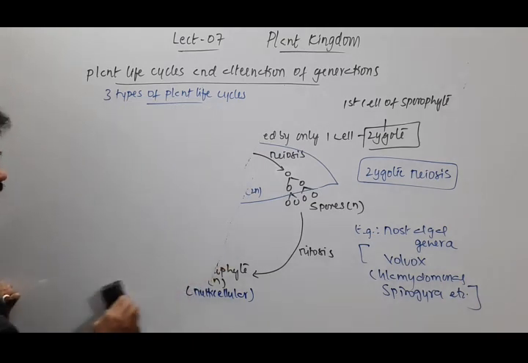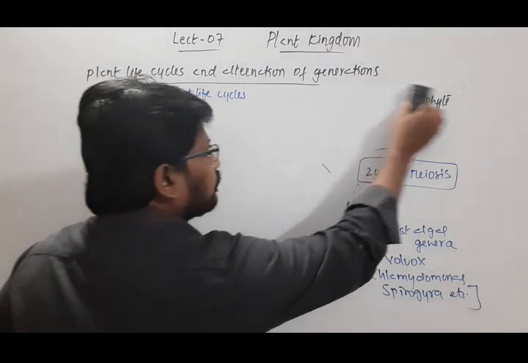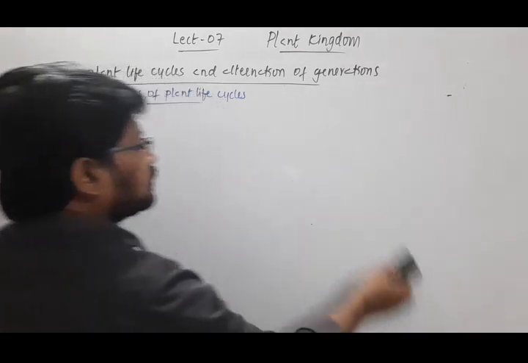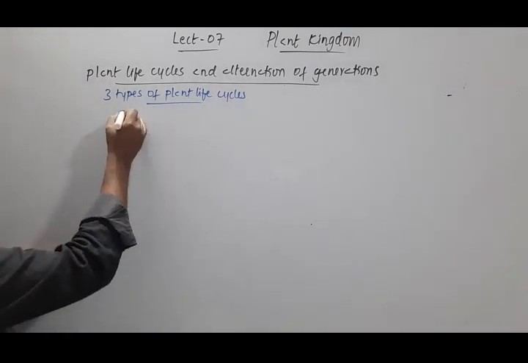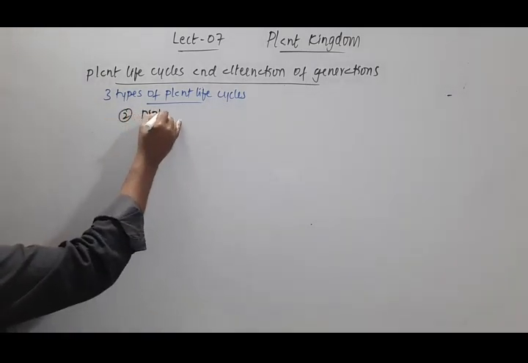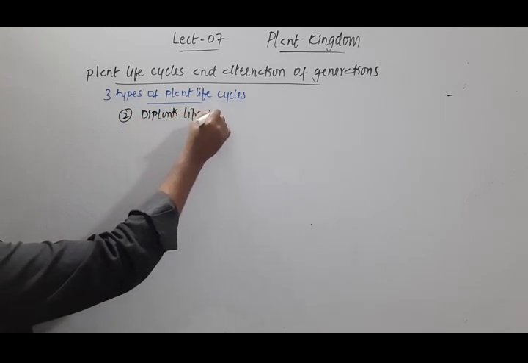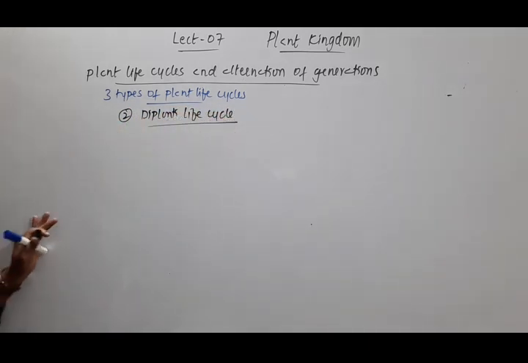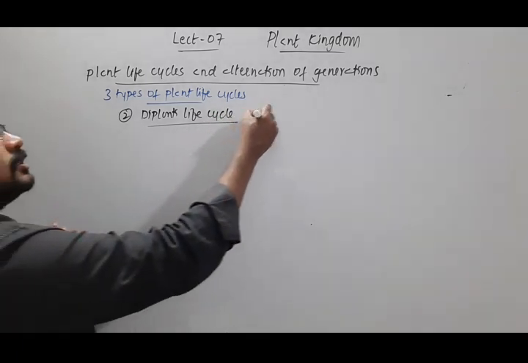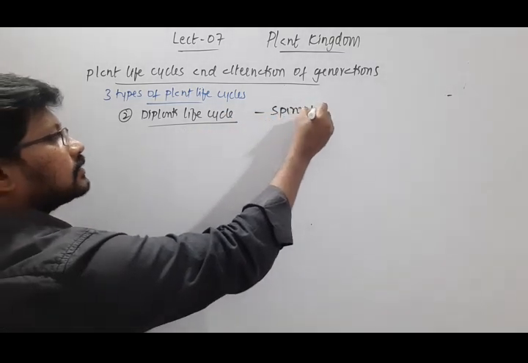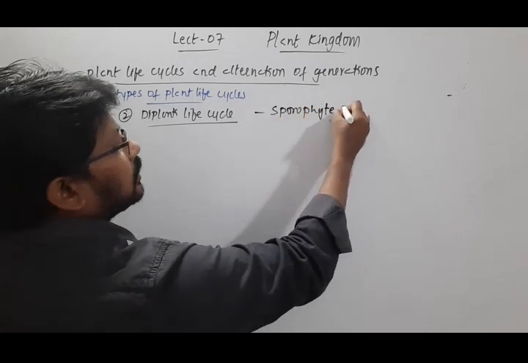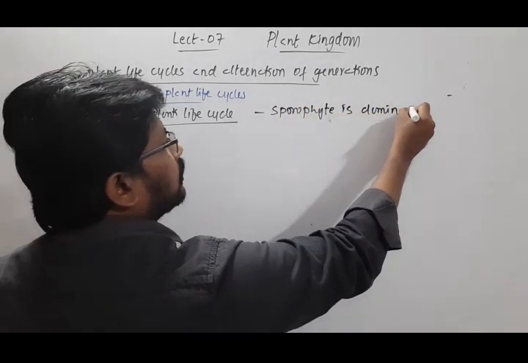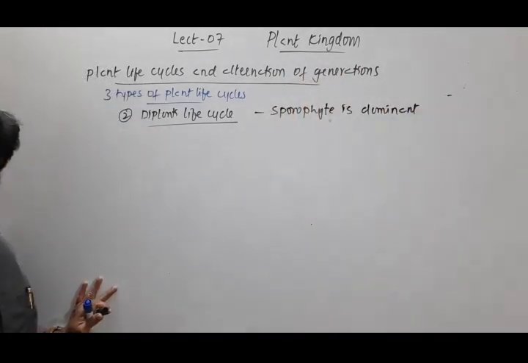Next we'll see the diplontic life cycle. So coming to this diplontic life cycle, here the sporophyte is the dominant phase. So in the haplontic life cycle, it's the gametophyte that is dominant.